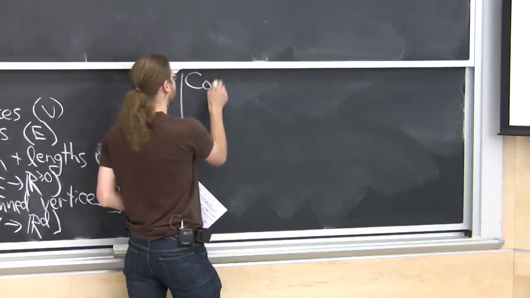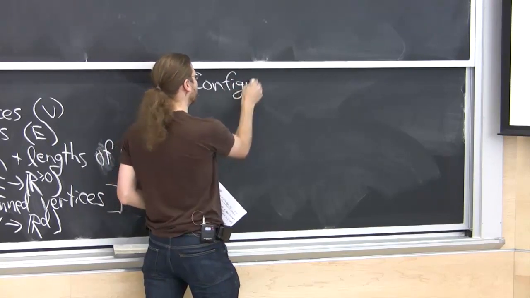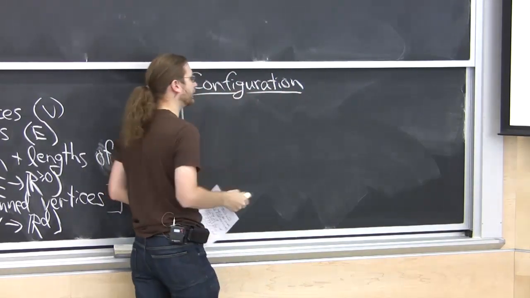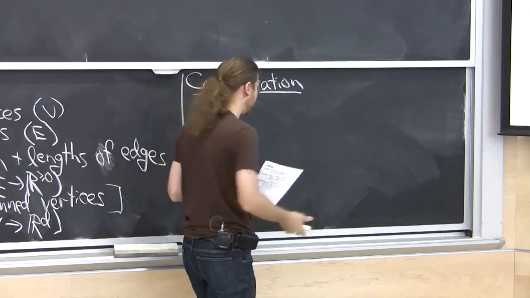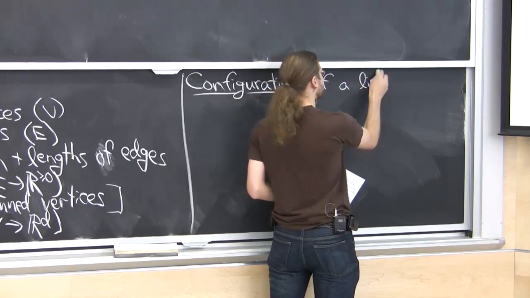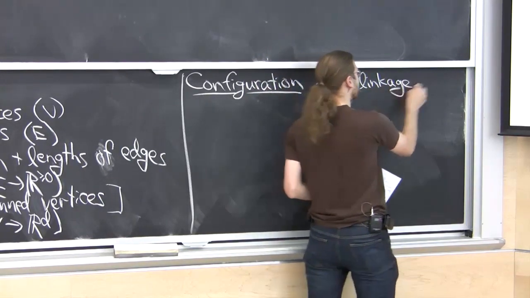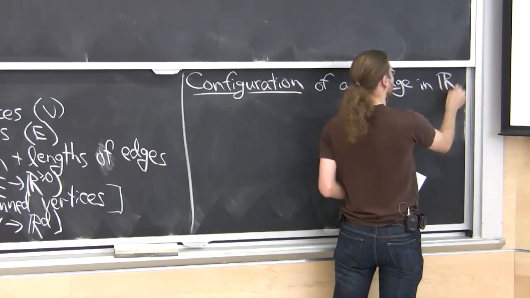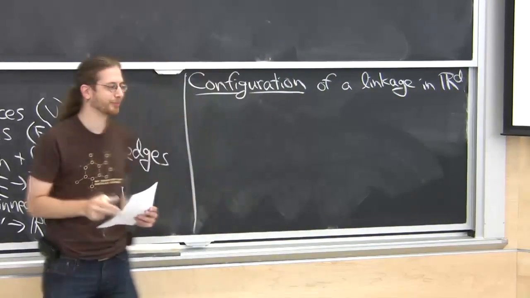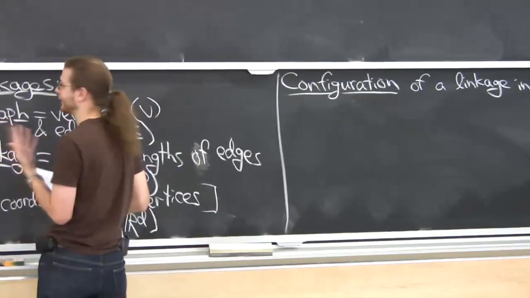And then sort of where the real action is is the configuration of a linkage. And that's the geometry. That's how the thing is folded. This is basically a folded state for linkages. Why is it different terminology than folded state? Just because it's a different subfield, I guess.